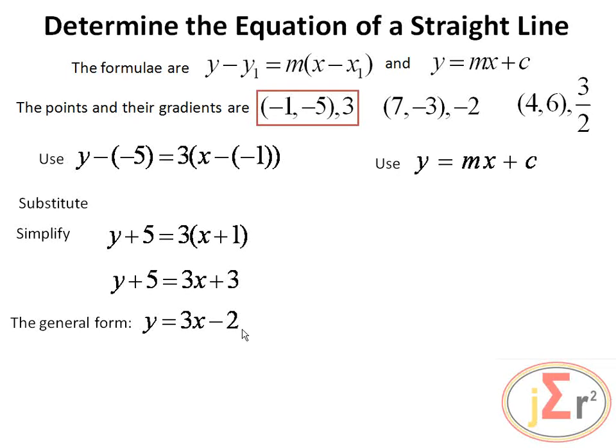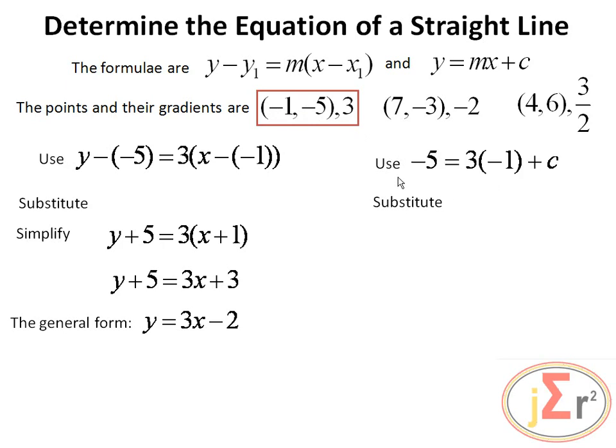So we are going to also use y is equal to mx plus c to determine the equation of a line. So we substitute. What do we get? So y is -5, it goes there. m is the gradient, it is 3, it goes there. x is -1, it goes there.